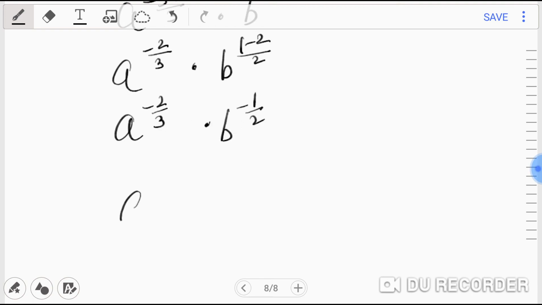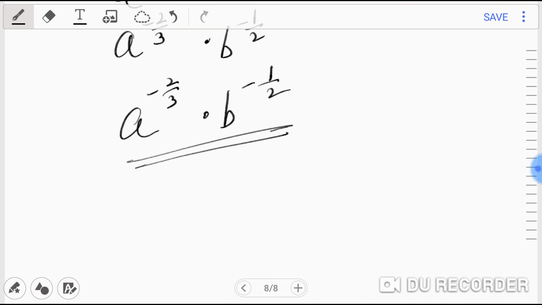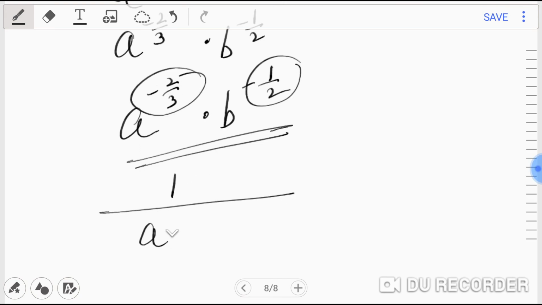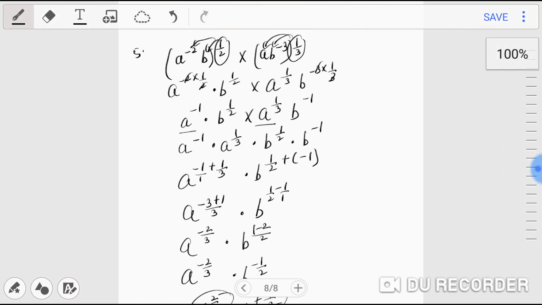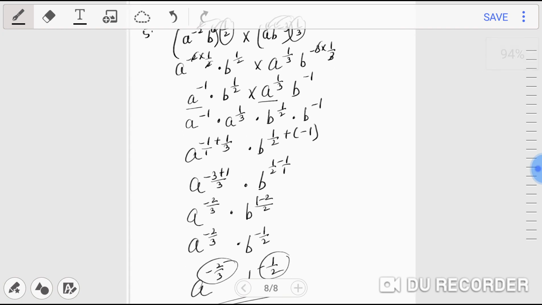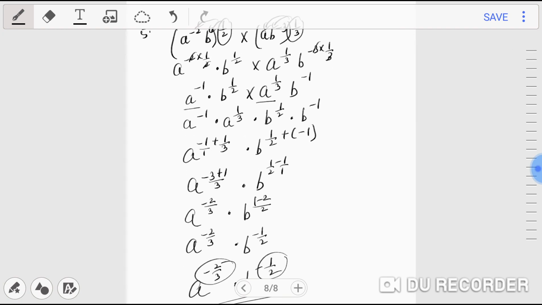You got a^(-2/3), b^(-1/2). You can keep the answer as it is, or if you want to make them positive, you have to keep them towards the denominator. Please note it down.